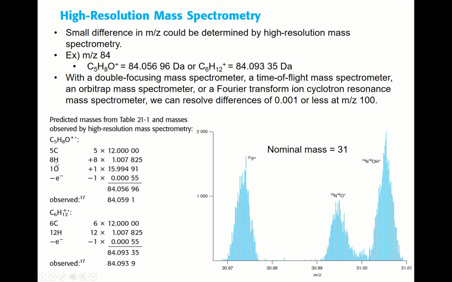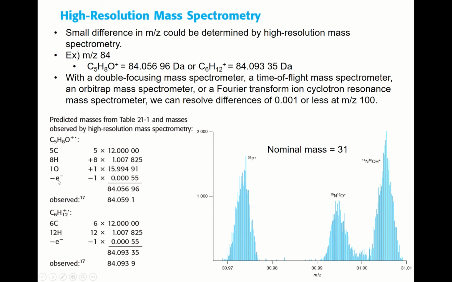And from 8 hydrogen atoms, the mass is 0.007825 each. From oxygen, the mass is 15.099. And since this one lost one electron, here we have to consider the electron mass.